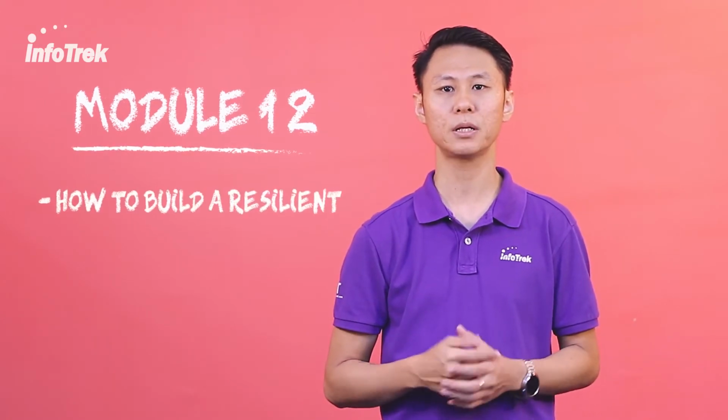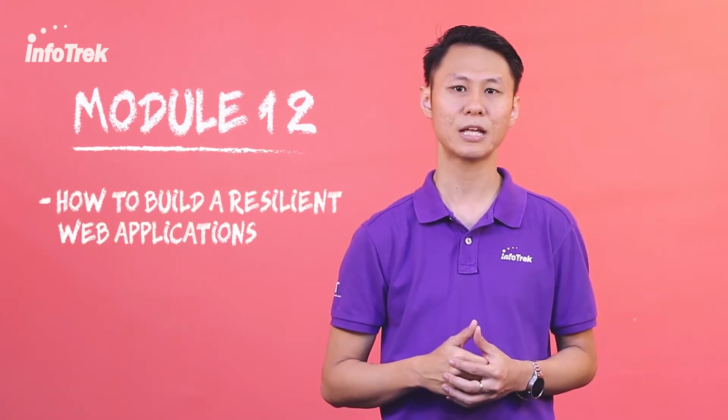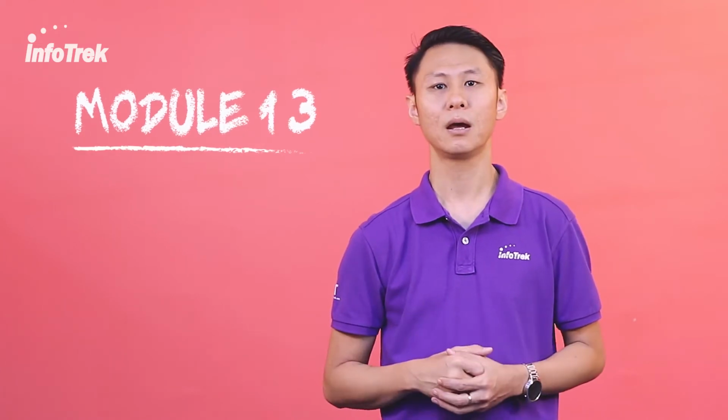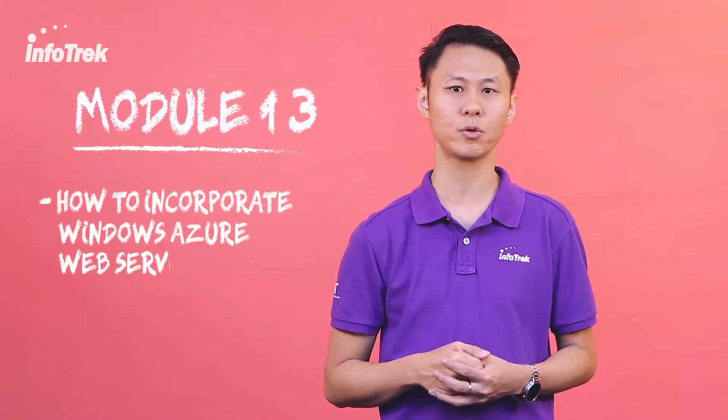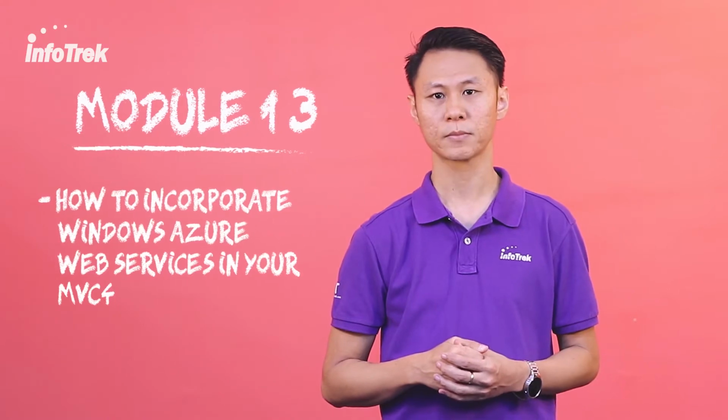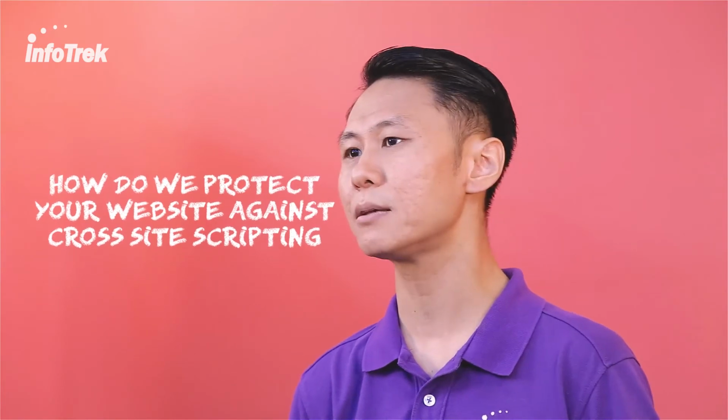In module 12, you're going to learn how to build resilient web applications, and in module 13, how to incorporate Windows Azure web services in your MVC4. The resilient portion of web applications talks about how to build a secure website. How do we protect your website against cross-site scripting, and how do you apply SSL to your web applications? Of course, the focus is on state management. How do you implement application and session states?